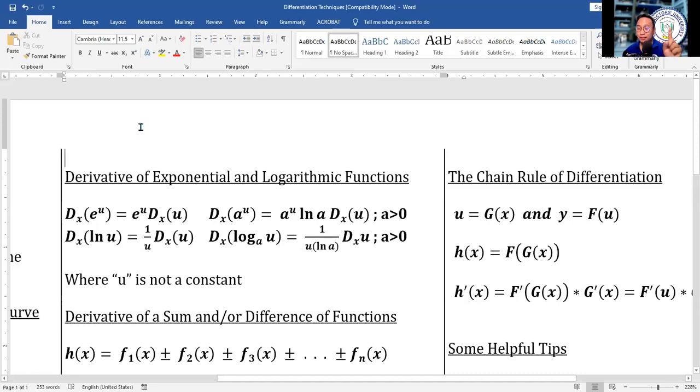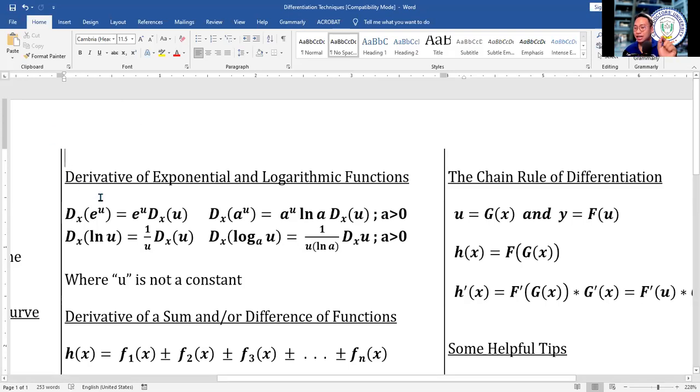The previous examples that we have before are all x's. Now, if we're going to take the derivative of that x, it's 1, right? When you multiply that 1 to the answer of the derivative, it's just the same thing. That's why we did not show that in getting the derivative of x. We know it's 1.